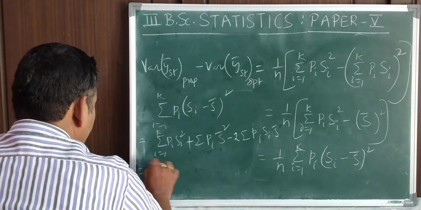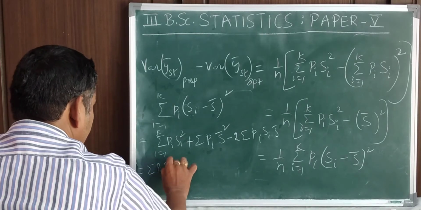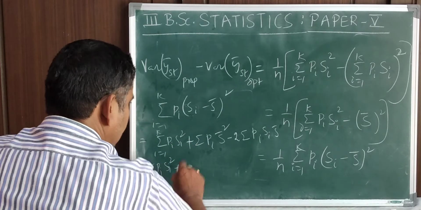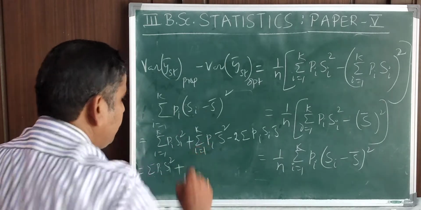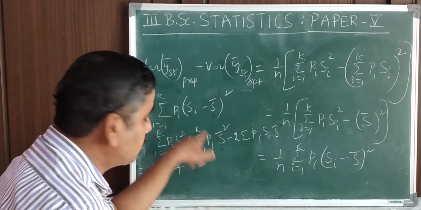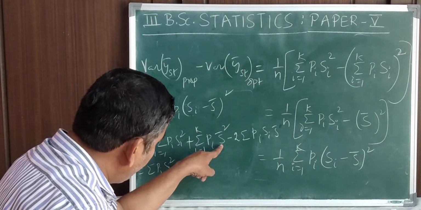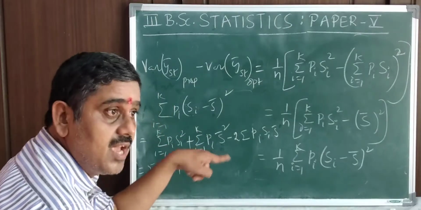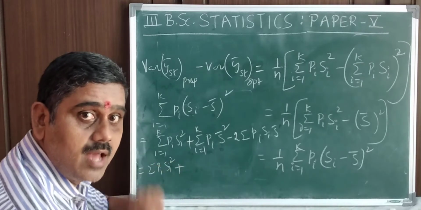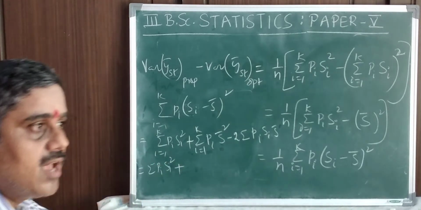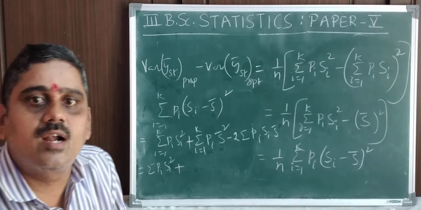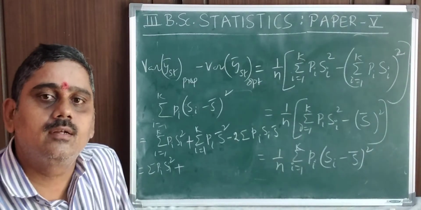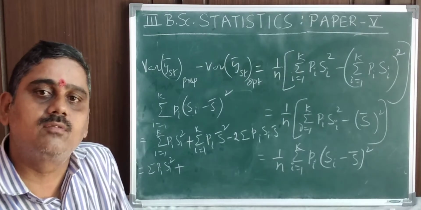So this is summation pi si square, leave it as it is, and s bar square is a constant, so we can take it outside. And summation pi is summation ni by n, which is nothing but 1. Summation ni divided by capital N, that is capital N by capital N, 1.